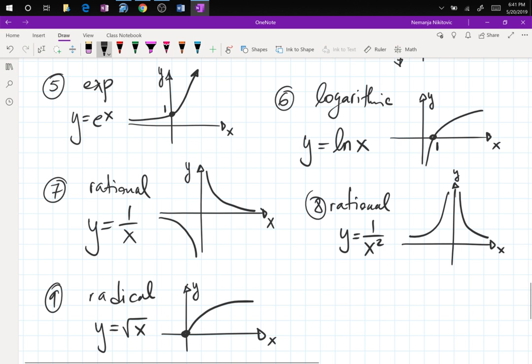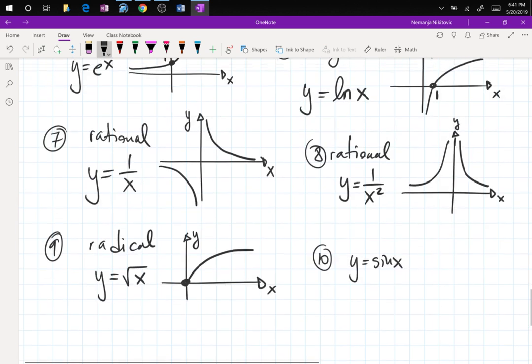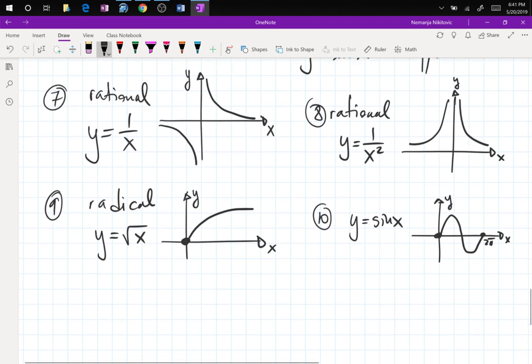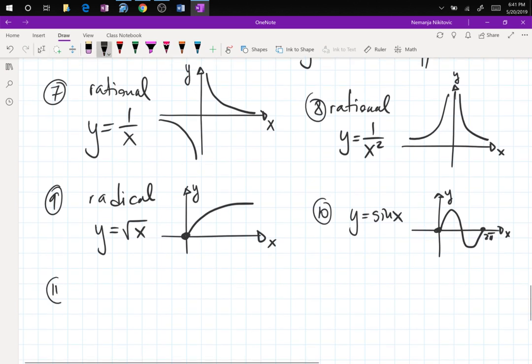Trig functions. Who's excited? Nah, I didn't see. 10. Y equals sine x. Just the first period. Bump up, bump down, ends at 2 pi, we're out. 11.